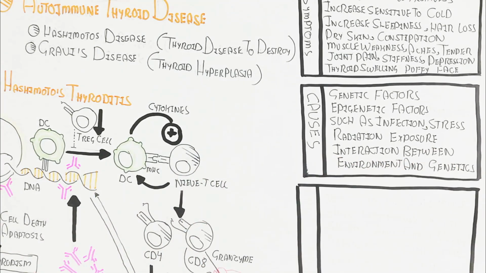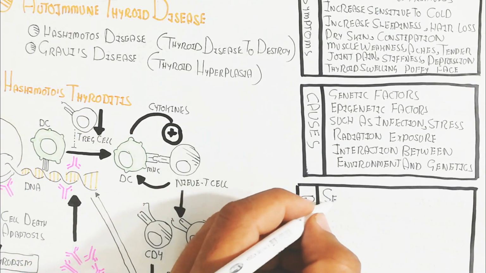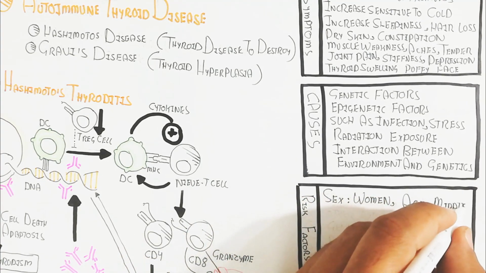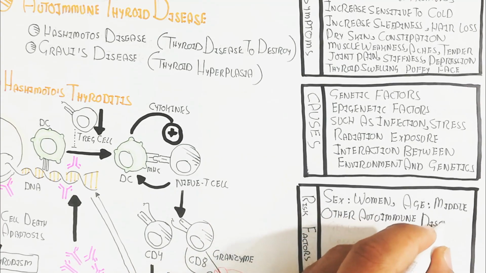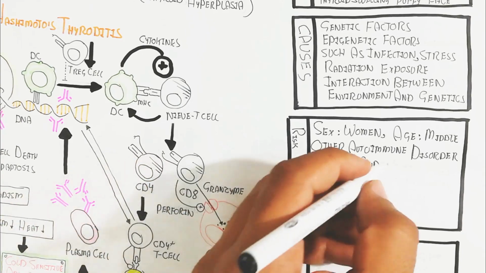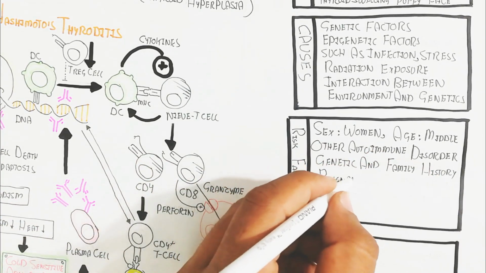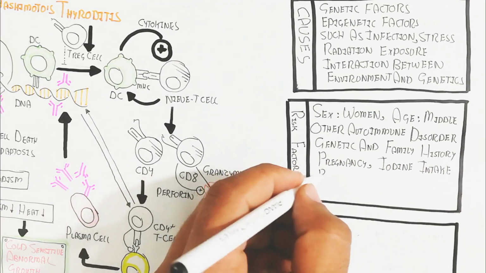Now we will discuss the risk factors. Sex is involved, especially women. Age is also a risk factor, for example middle age. Other autoimmune disorders like Graves' disease, lupus erythematosus, or other types of disease, genetic and family history, pregnancy, iodine intake, and radiation exposure.